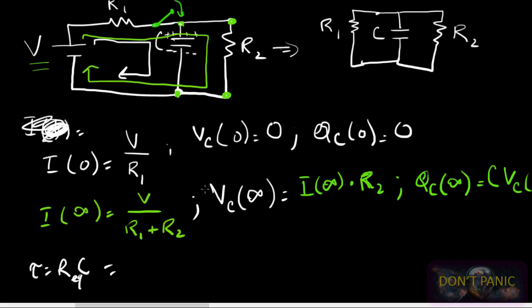Now you can see that R1 and R2 are in parallel, and that would be your R equivalent. So 1 over R equivalent is equal to 1 over R1 plus 1 over R2. That would give you your R equivalent, and then you multiply it by C to find your time constant. So we found our time constant, which is this R equivalent times C.